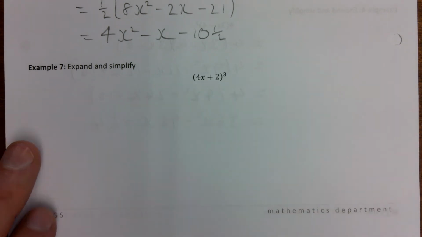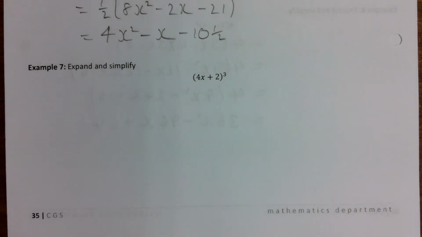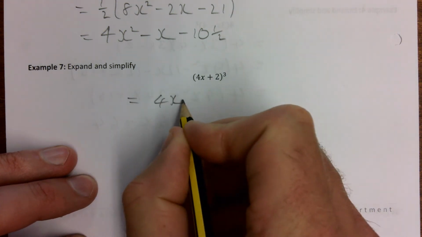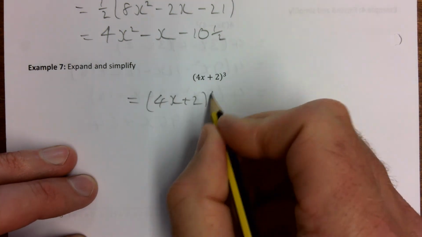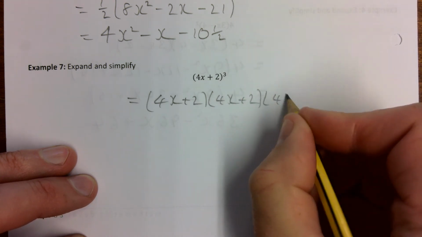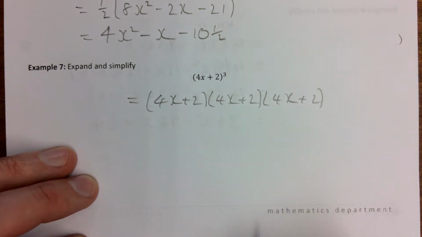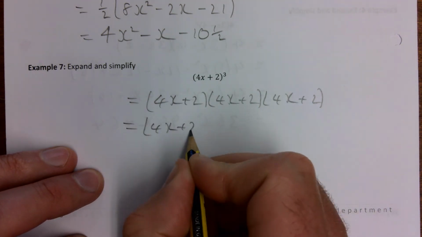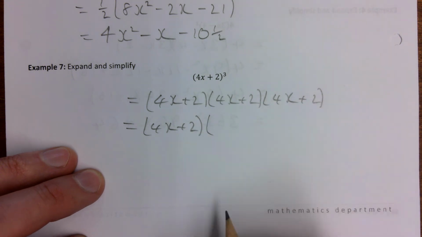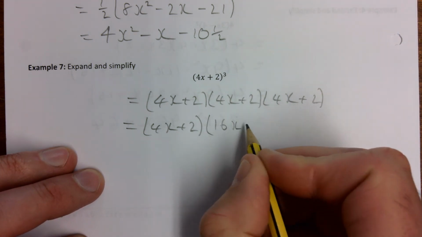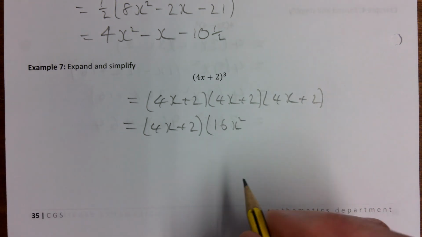Final example then in this wee section is example 7, and it's actually 4x plus 2 all cubed. So that is going to be 4x plus 2 upon 4x plus 2 upon 4x plus 2. I'm going to do 4x plus 2, and then we're going to do FOIL for this bit here. 4x times 4x, 16x squared.